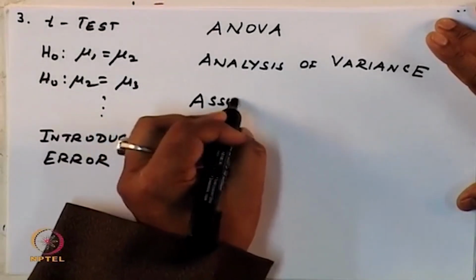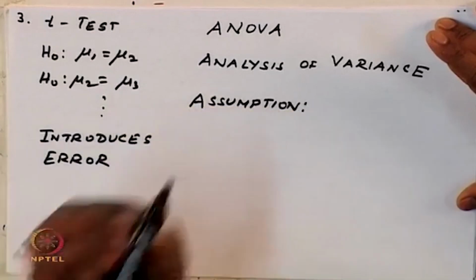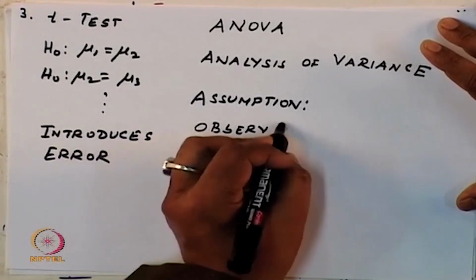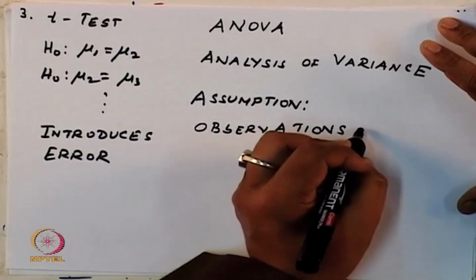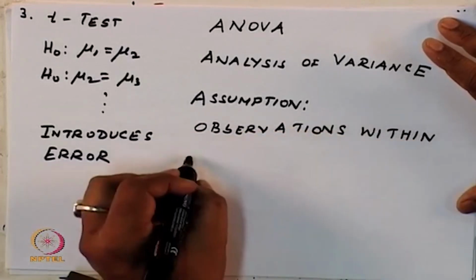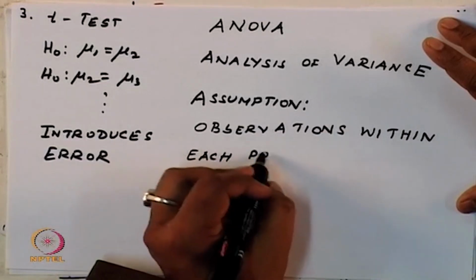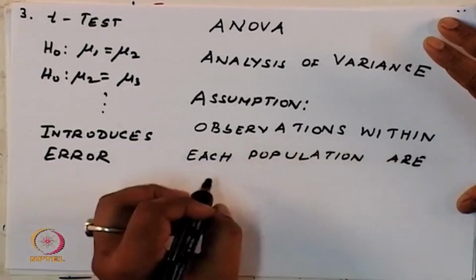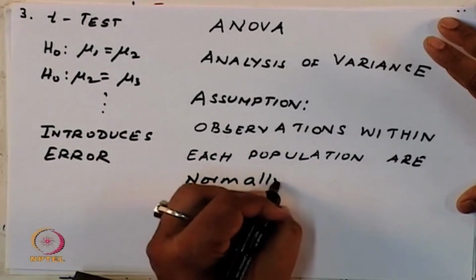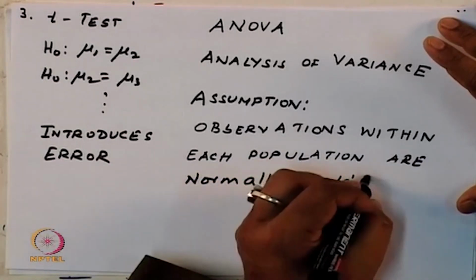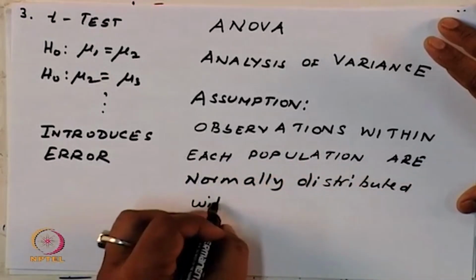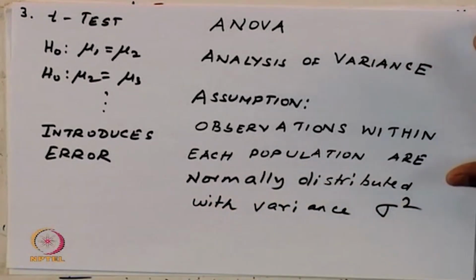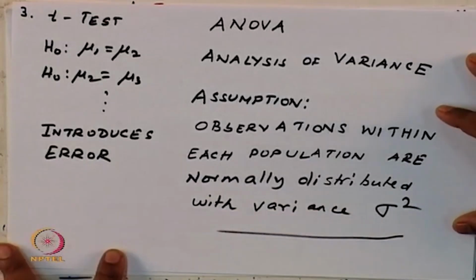So, the primary assumption of this approach is that the observations within each population are normally distributed with variance sigma square. Okay. So, essentially the variance for each population is the same.